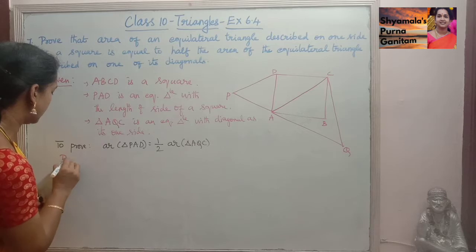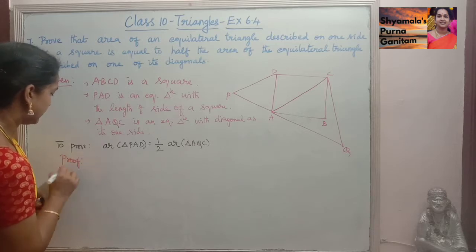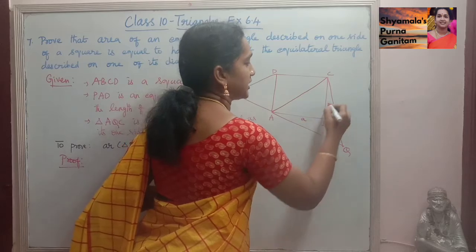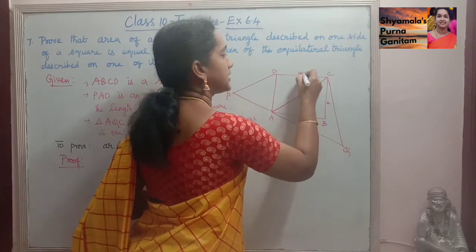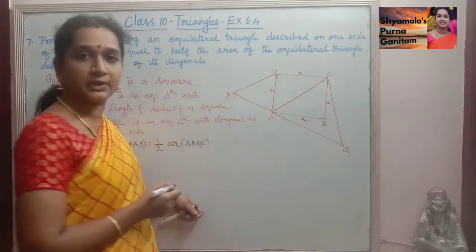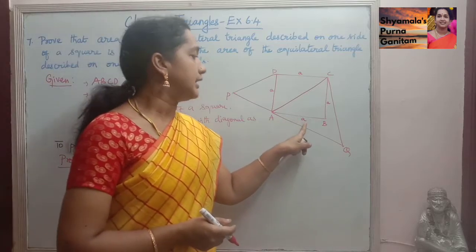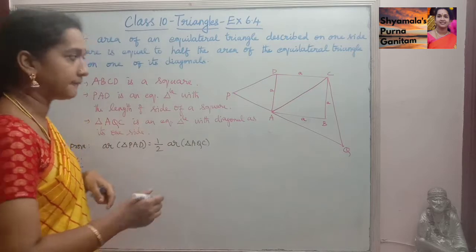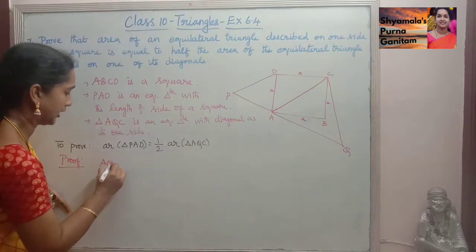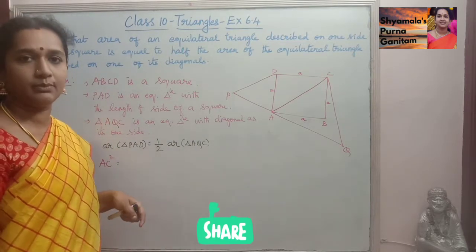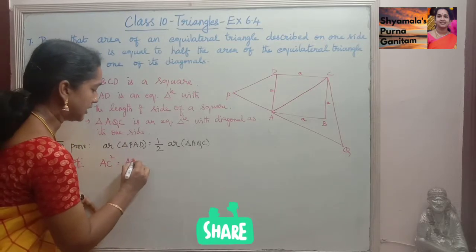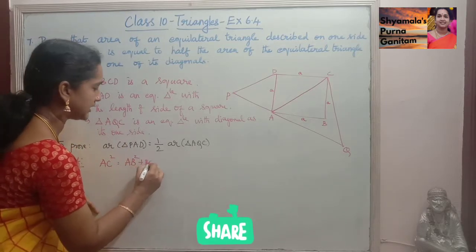So for proving this, we'll take the side of the square as A. Since the lengths of the sides of the square are equal, A is the side of the square. If we need the length AC, according to Pythagoras theorem, AC squared is equal to AB squared plus BC squared.